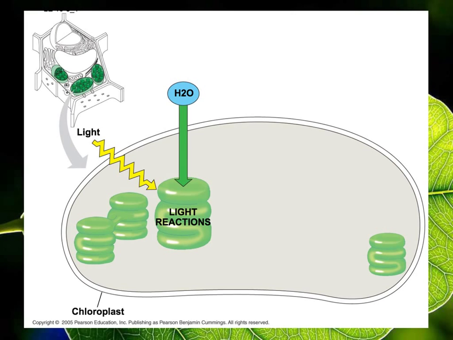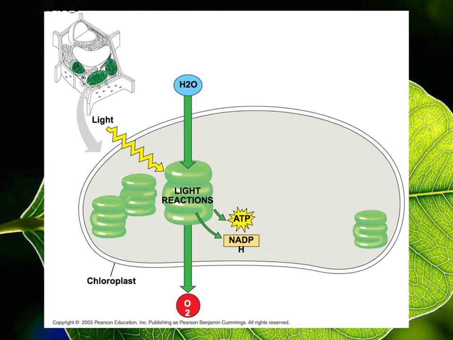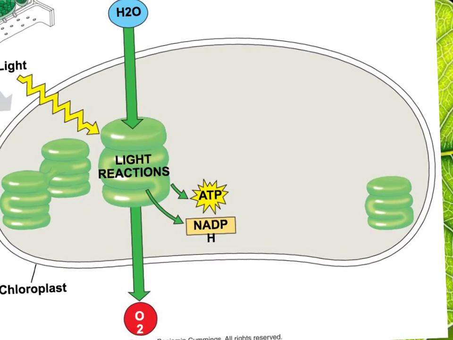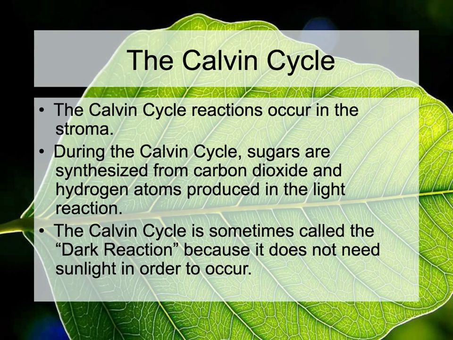Here's just a little diagram that shows that light energy comes in and water comes out. It happens on the thylakoid surface of the chloroplast. The end result is we make some ATP and NADPH, and then those are fed into the next part of the reaction, the Calvin cycle, that's missing from this diagram. The Calvin cycle actually happens in the liquid of the chloroplast, not on the thylakoid membranes themselves.